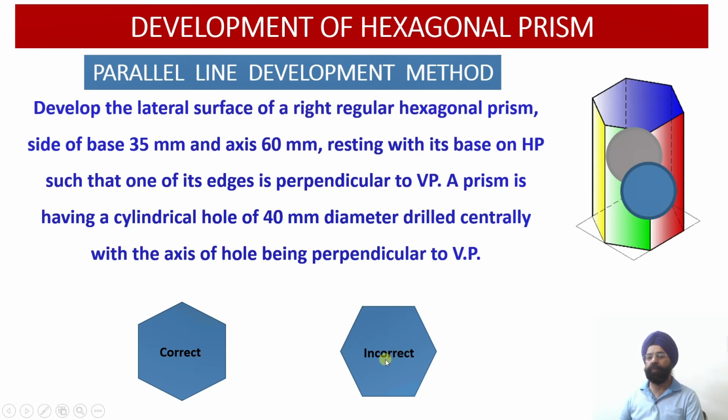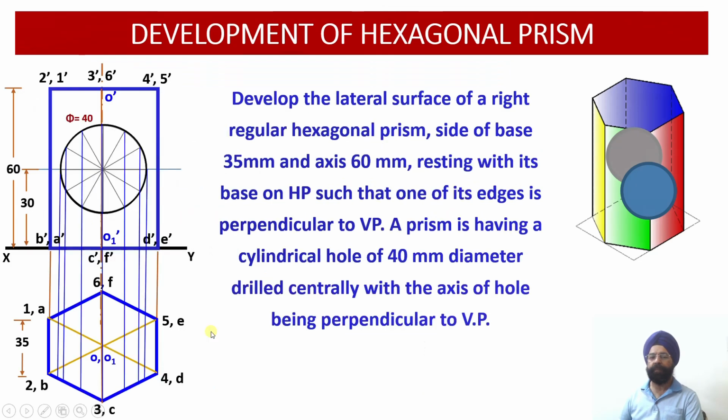So this position of the hexagon is discarded, which is incorrect. And if we locate our hexagon below the XY reference line in this orientation, then we will find that not only one but two edges of the base happen to be perpendicular to the vertical plane. So this is the appropriate position of the hexagon which has to be drawn below the XY reference line.